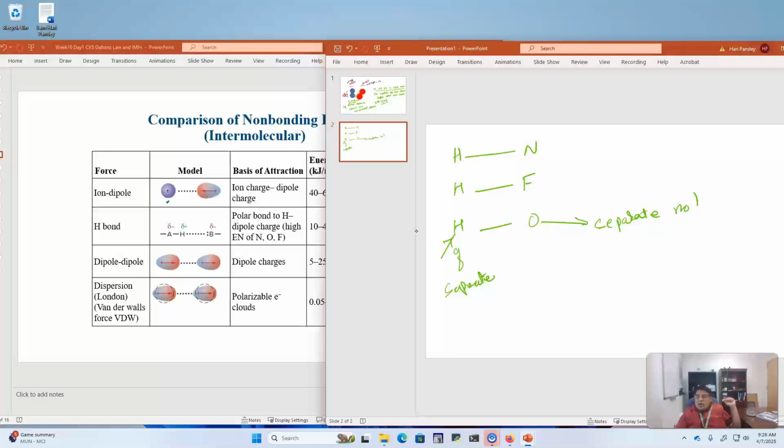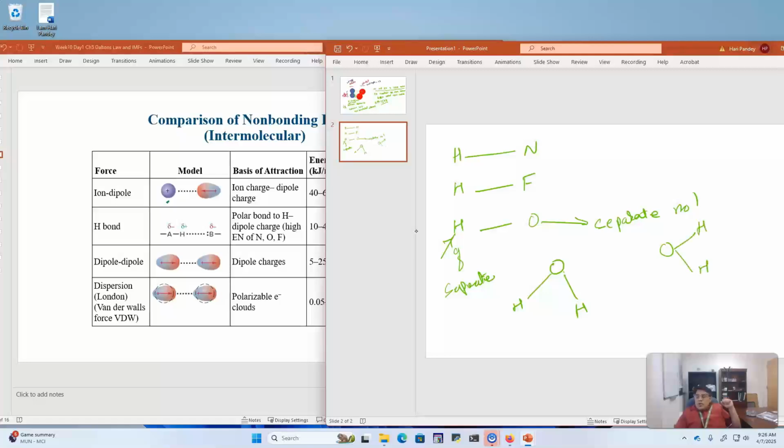For example, take water: one hydrogen, the other hydrogen, hydrogen attached with oxygen. Any one of nitrogen, oxygen, fluorine may be attached to the hydrogen. Let's say this is another water molecule.